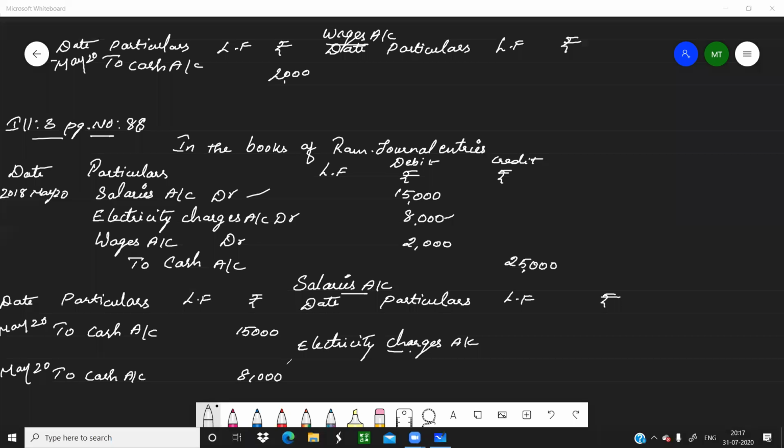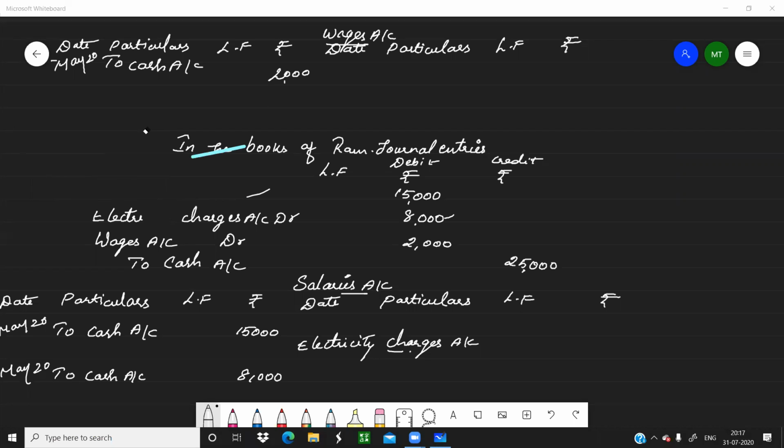So next you prepare the cash account. Cash account is a credit balance. So you prepare the cash account.